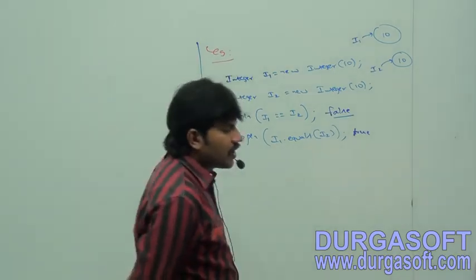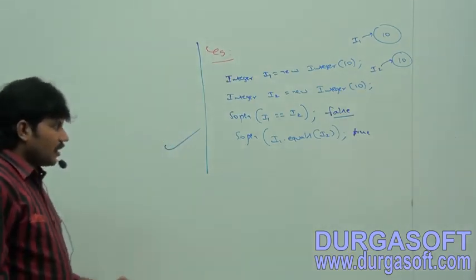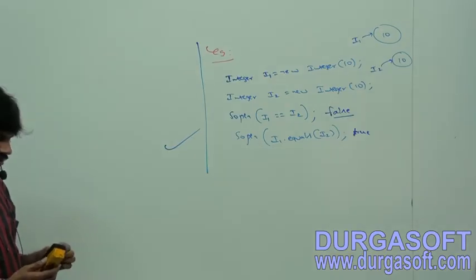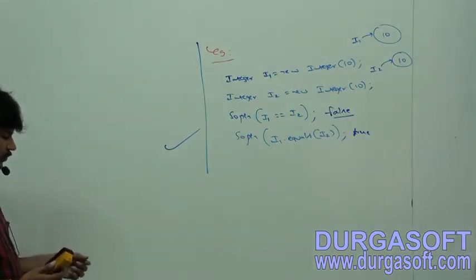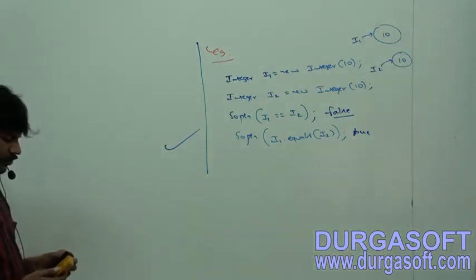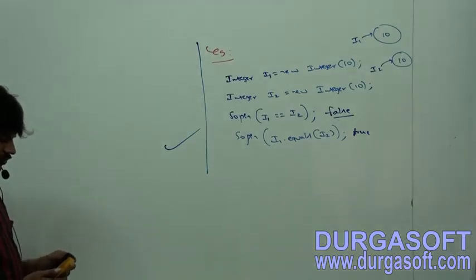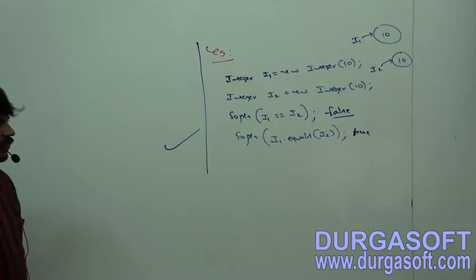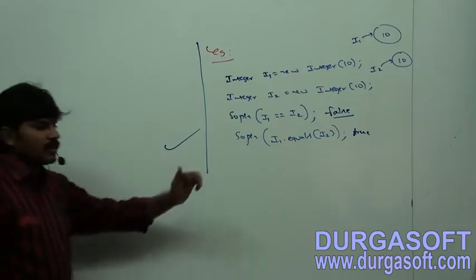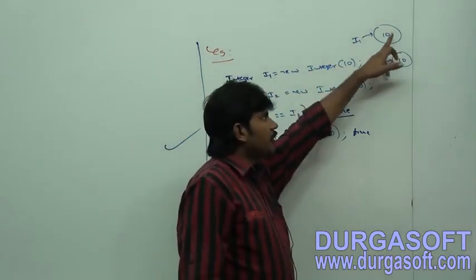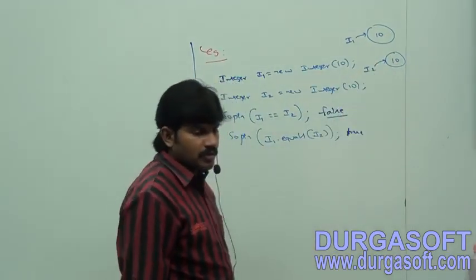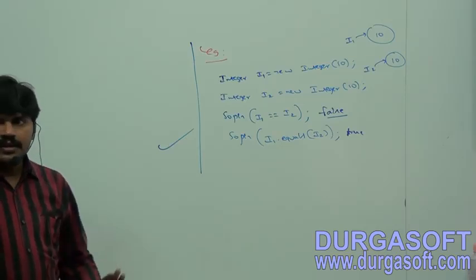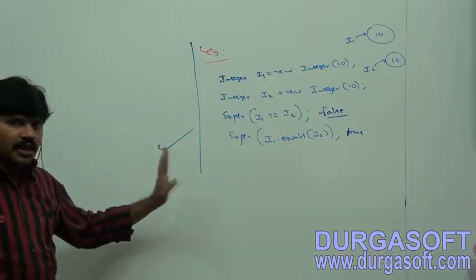The answer we are going to get is false. I1 dot equals of I2, answer is true. Better to take these diagrams also: I1 points to this object, I2 points to another object. Completed, right? Not required to keep any explanation.